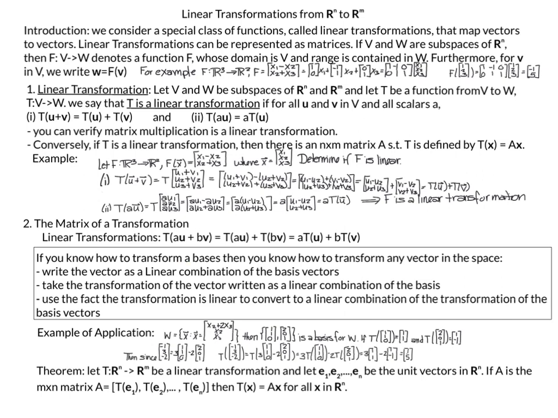So if you know how to transform a basis, then you know how to transform any vector in this space. What you do is you first write your vector that you want to transform as a linear combination of the basis vectors. Then you take the transform of that, in other words, the transform of the vector written as a linear combination of the basis. And then because the transform is linear, you can convert the transform of your linear combination, using this line up here, to a linear combination of the transforms.